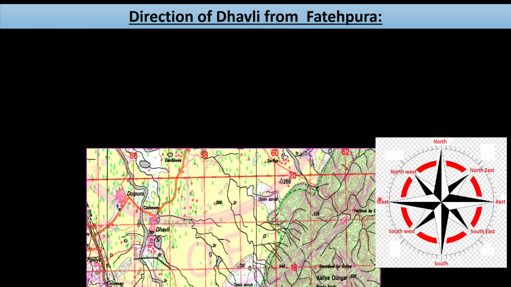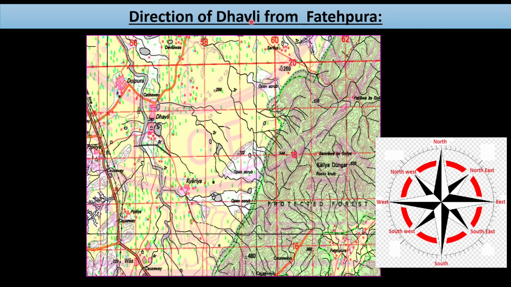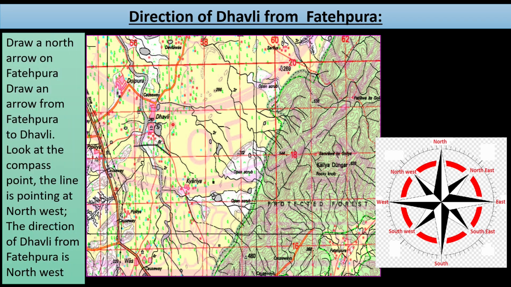We have to find out the direction of Dhavli from Fatehpura. Draw a north arrow on Fatehpura. Here is Fatehpura, here is Dhavli, so we draw one north arrow from here.